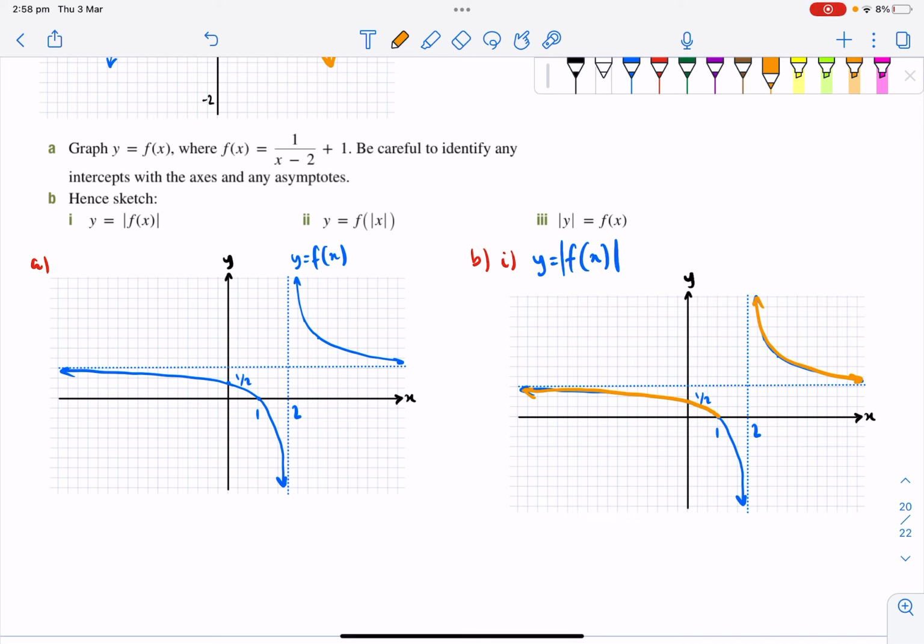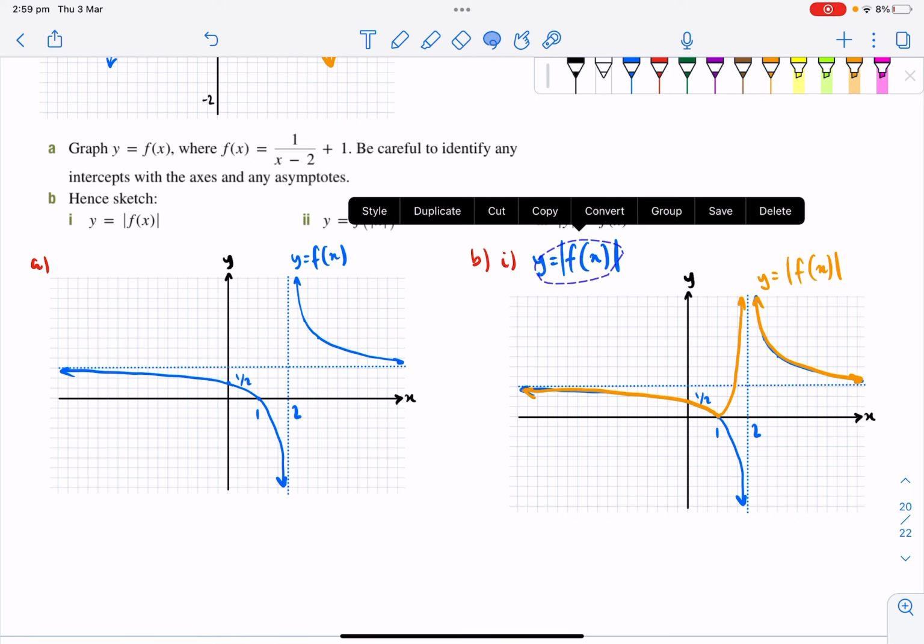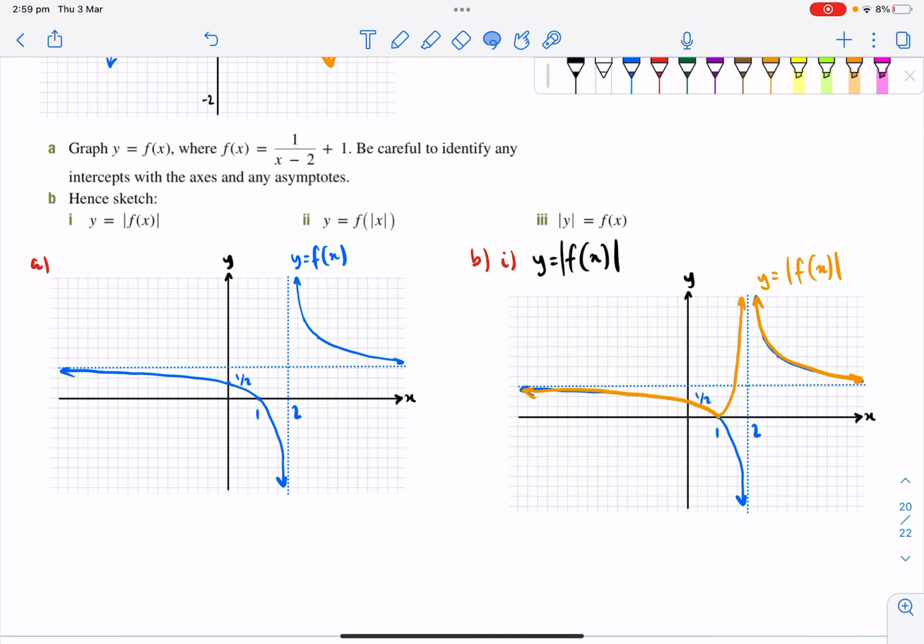So far so good. And now we bring up this. There we go. So that there is y equals the absolute value of f(x). All right, perfect.